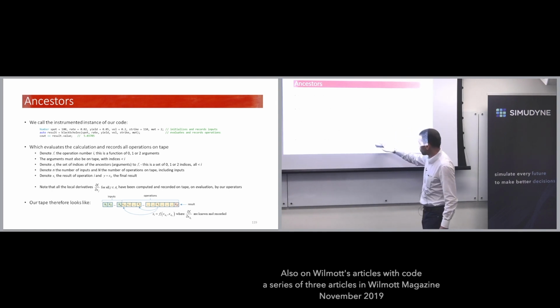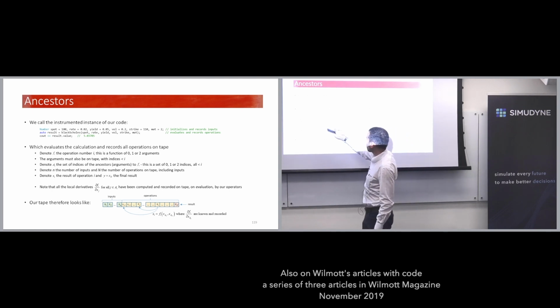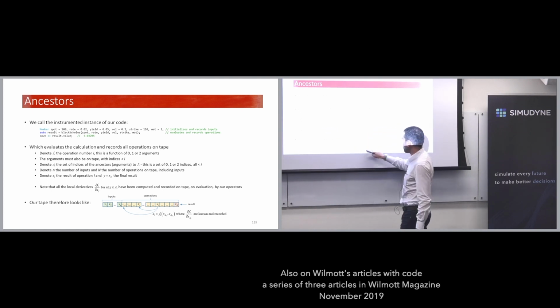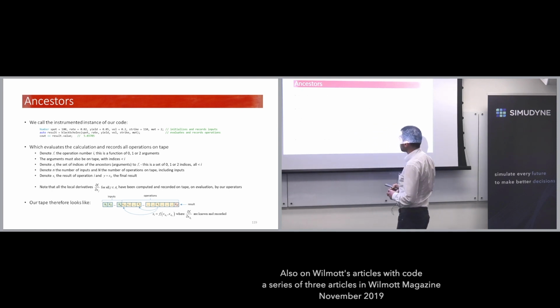So the result will be X capital N. So we denote Xi the result of the operation number i. So Xi will be Fi of the ancestors XAi. And so XN will be equal to Y, the final result that we're calculating.